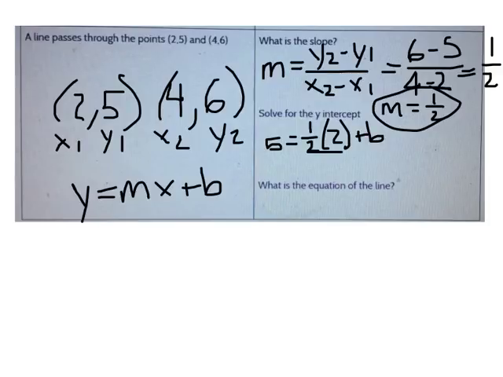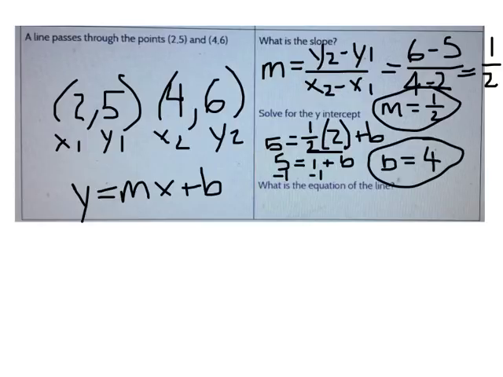What's 1/2 times 2? It's 1, so 5 equals 1 plus b. Solve that equation now for b. b equals 4. Now I can plug my numbers in to my equation. y equals 1/2 x plus 4.